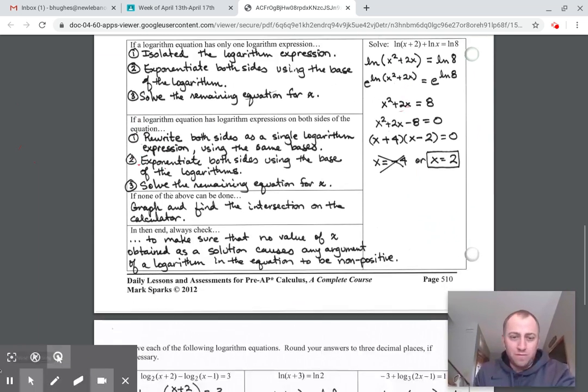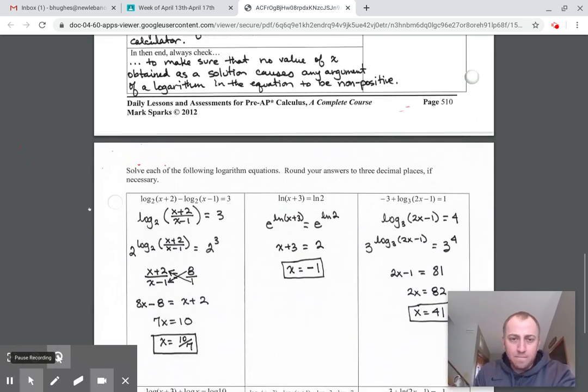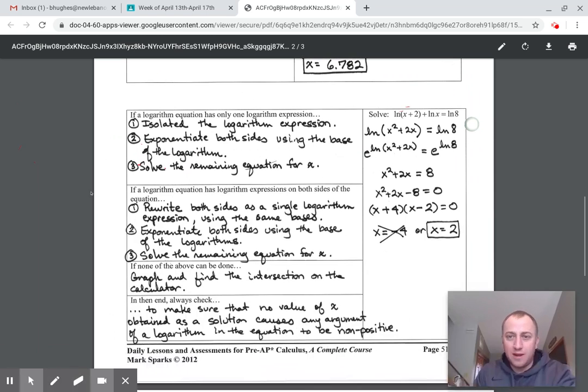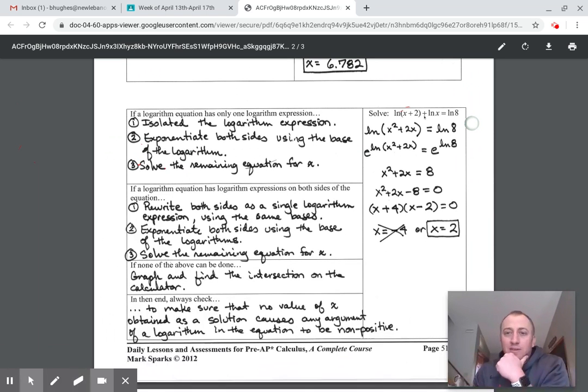Really moving forward, if you have multiple logarithms like this example right here, I have basically 3 terms: natural log, natural log, natural log. Can I get it so that way it's just a natural logarithm equaling a natural logarithm?